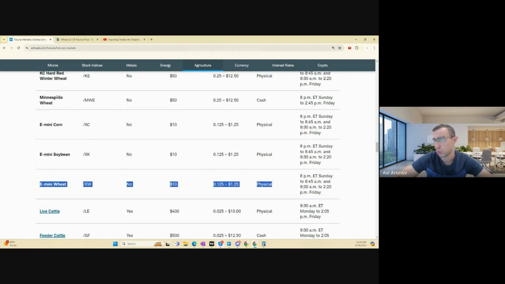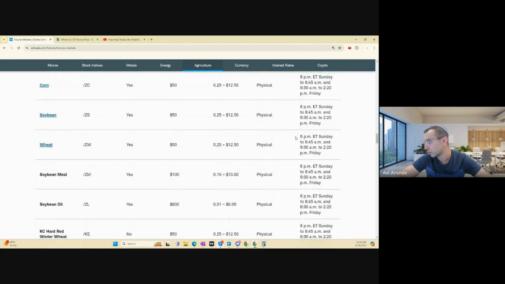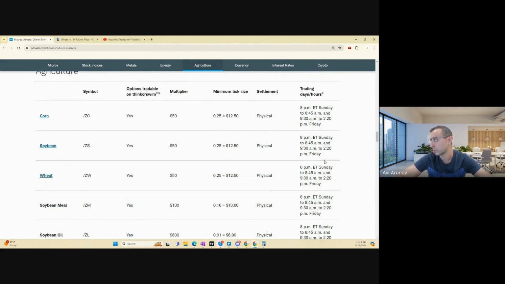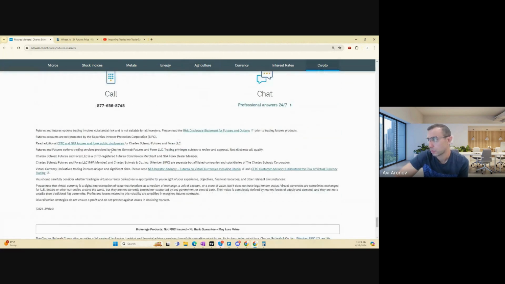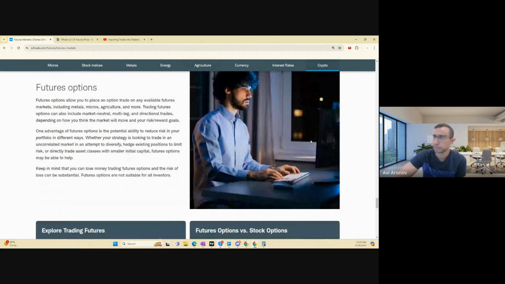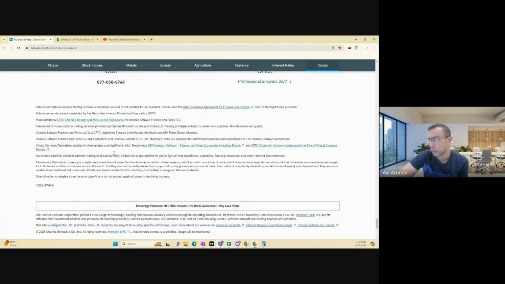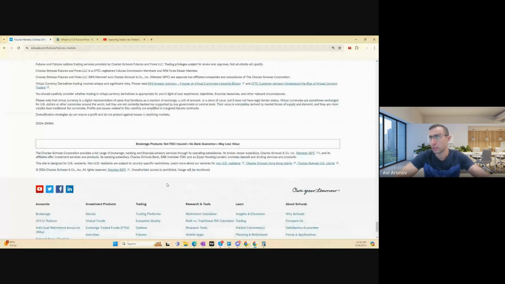And then there is also this one that is very weird, so I need to understand if that's correct. And then winter wheat. And then we have this wheat, 8 to 8:45, 9:30. Is it Eastern Standard Time? Okay, so I will need to check.